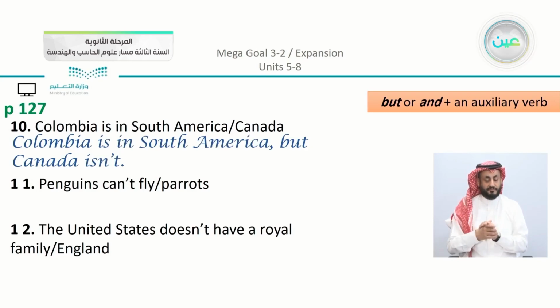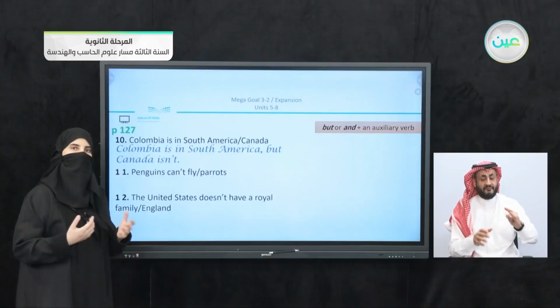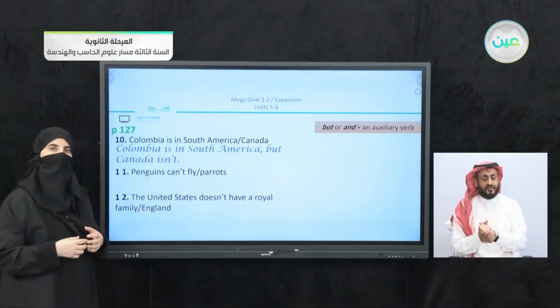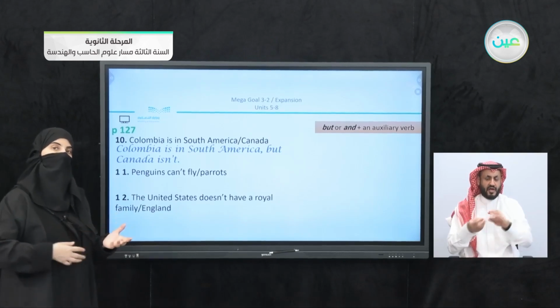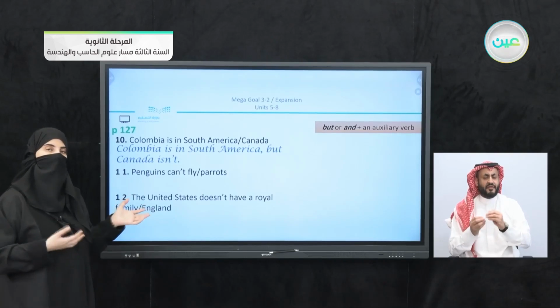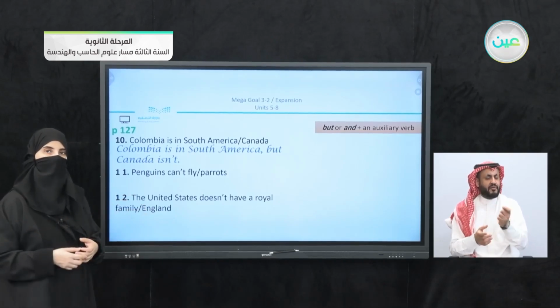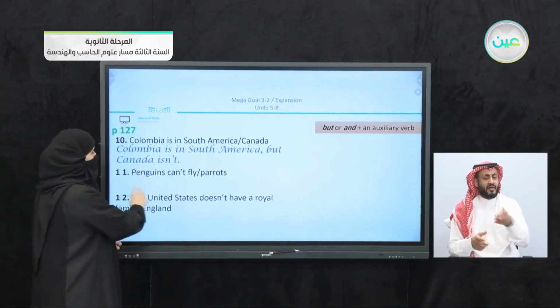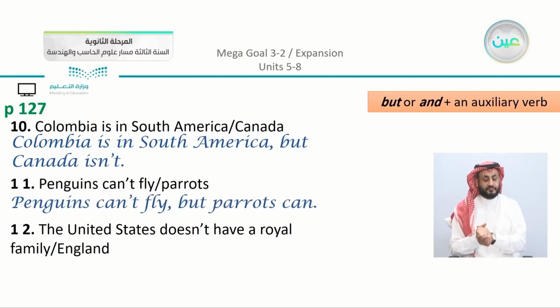We have 11. Penguins can't fly, parrots. So what is in common between these two birds? Or actually, you can see what are the similarities and what are the differences and decide what do you want to write about your sentence. So here we can write, penguins can't fly, but parrots can.